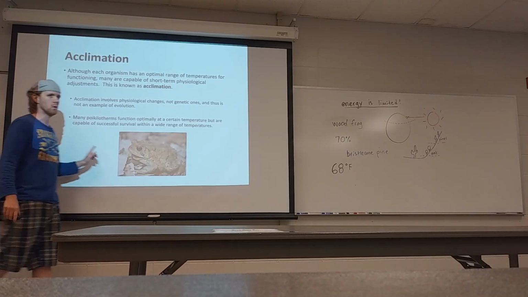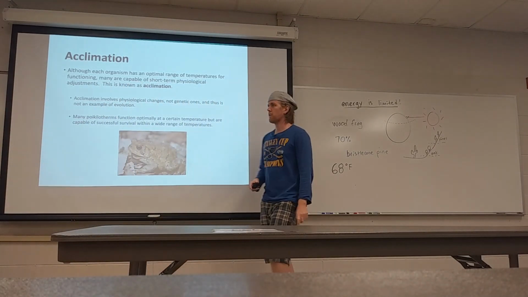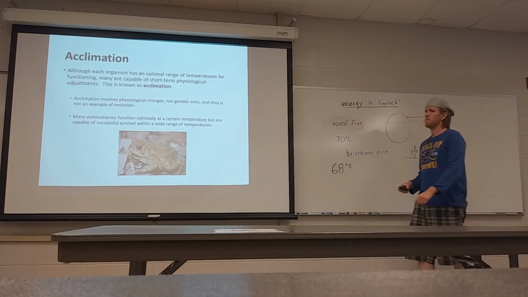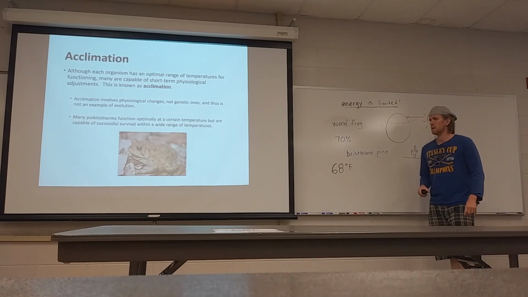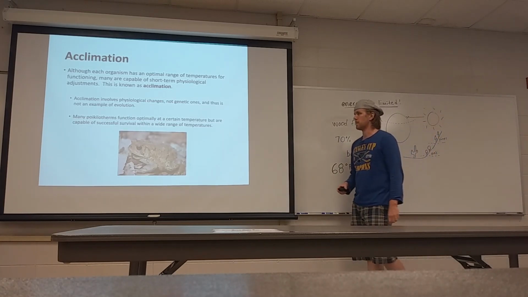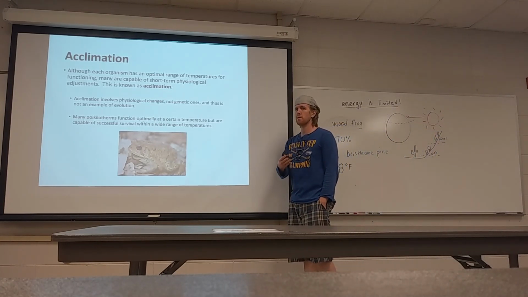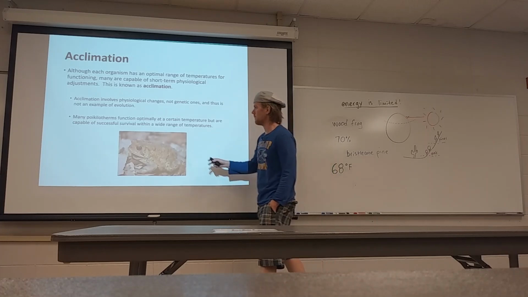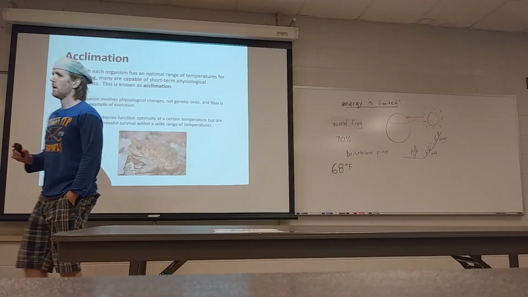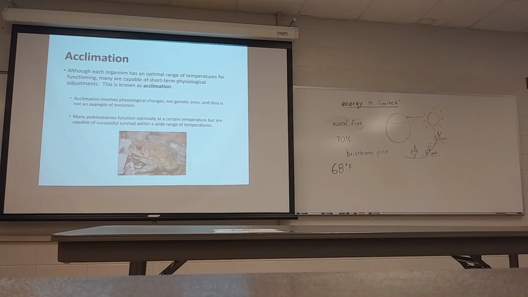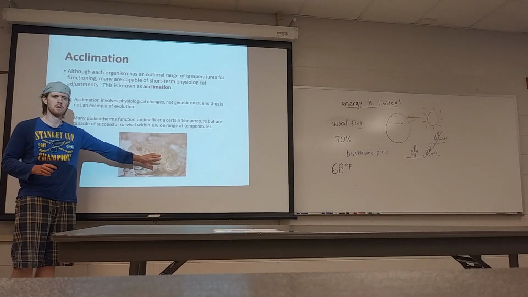For instance, toads mate in the spring when it can get down to 40 or 50 degrees. Usually they won't actually be mating if it's too cold, but they can survive 40, 50 degree temperatures. They also can survive when it's 80 or 90 outside. Optimal temperature is going to be somewhere in between there, but they can survive a range of temperatures.